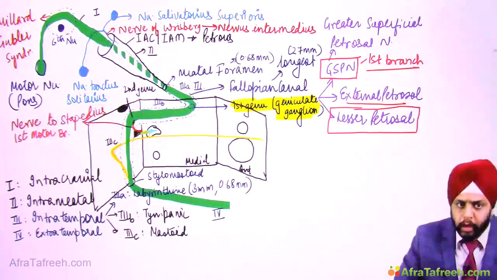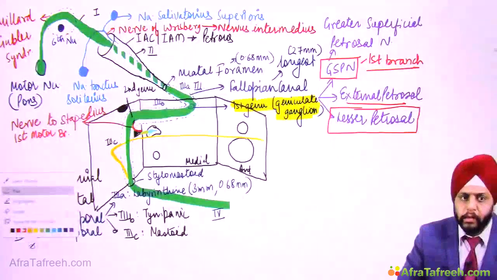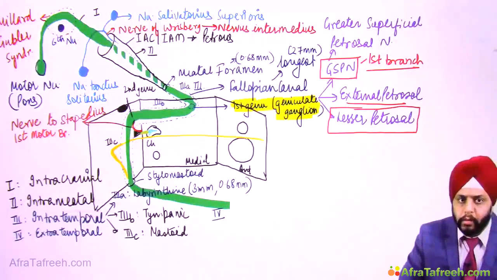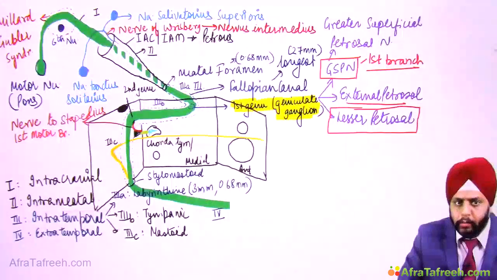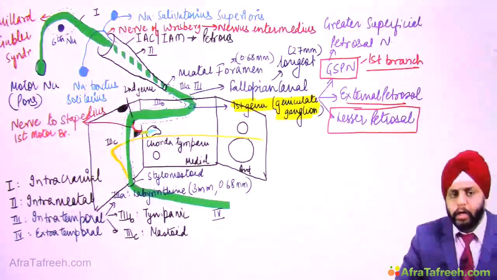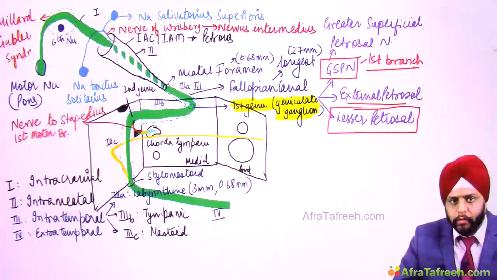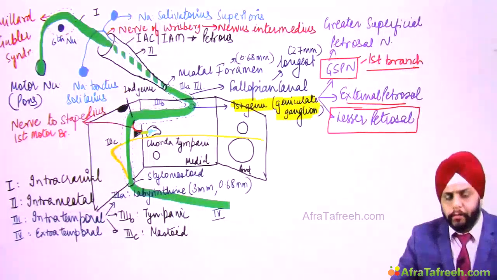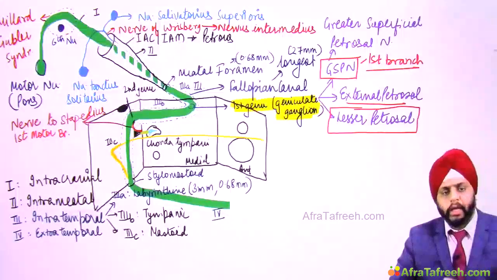Okay, so we have already discussed the name of this branch. The name of this branch is chorda tympani. It runs in the tympanic cavity, hangs in the tympanic cavity like a cord, like a rope. Okay, so that is the next daughter of the facial nerve, chorda tympani.